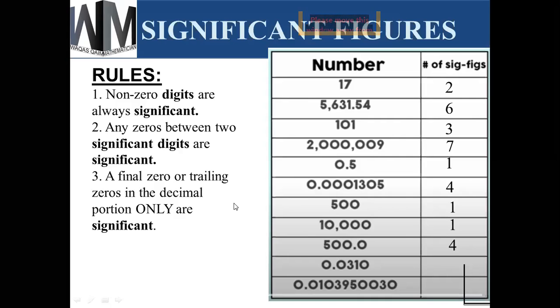But if a zero is written after a non-zero number, which is called a trailing zero, then all those zeros written after the non-zero will be counted as significant. Right, Alishba?